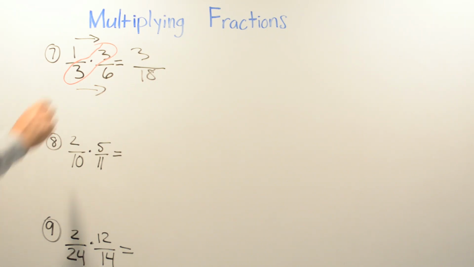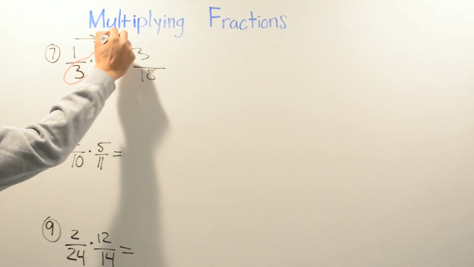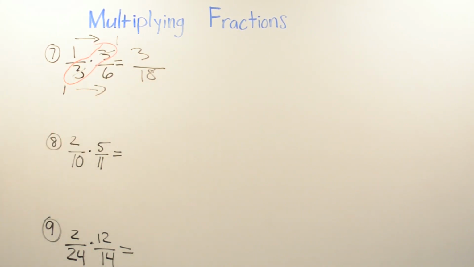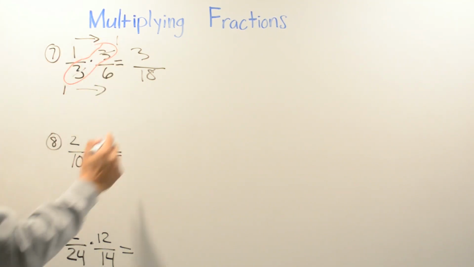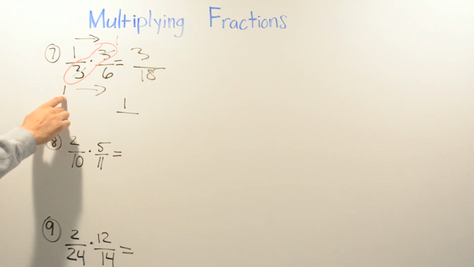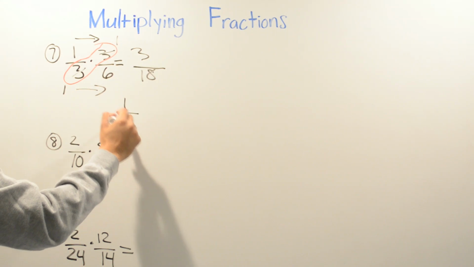So we have 3 and 3. They're both the same, so we can go ahead and use 3 as the greatest common factor and simplify. 3 goes into 3 one time, 3 goes into 3 one time. And now same thing, we multiply 1 times 1, which is going to give us 1. And we have 1 times 6, which is going to give us 1/6.